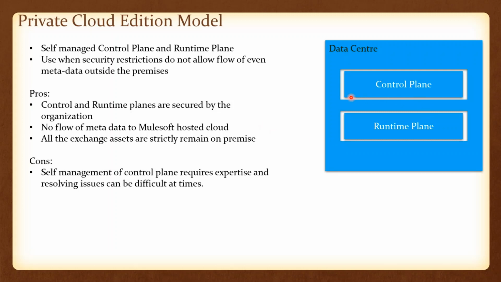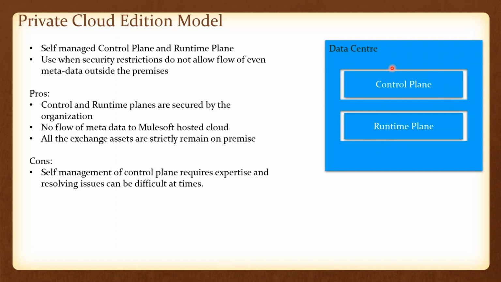So in this model, in the control plane you have components like Design Center and Management Center. All of these components are deployed into Docker images, Docker containers, and those Docker containers are managed by Kubernetes. Whereas the runtime plane has the actual bare metal infrastructure, and on top of that we have VMs, and on those VMs we put a Mule runtime and applications are deployed.